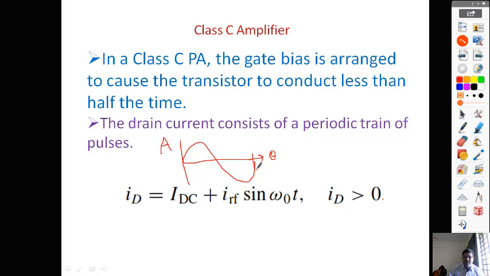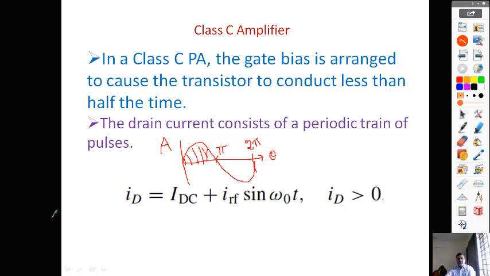This one is 360 degrees or 2 pi radians. This is pi radians or 180 degrees. So the transistor conducts less than half the time, that is, less than 180 degrees. The transistor can conduct up to this level only. This will be the conduction angle.